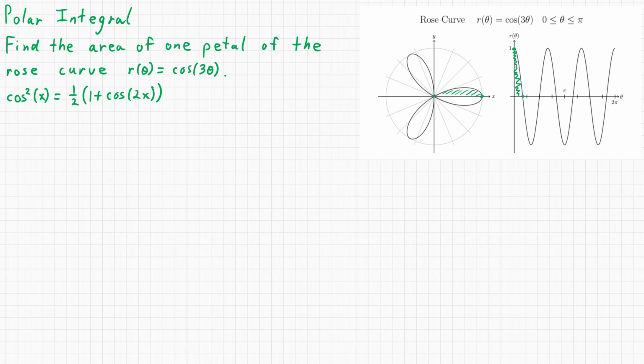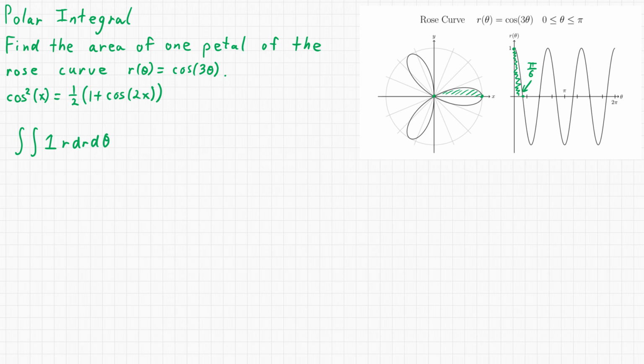At this point, normally cosine of theta would be 0 first at pi over 2. Since this is cosine of 3 theta, that point is actually pi over 6. And so we can set up the integral. The integral we're doing is 1 for area, times r dr d theta.